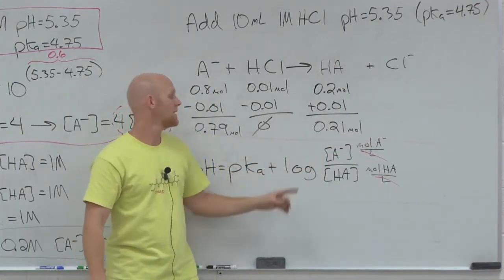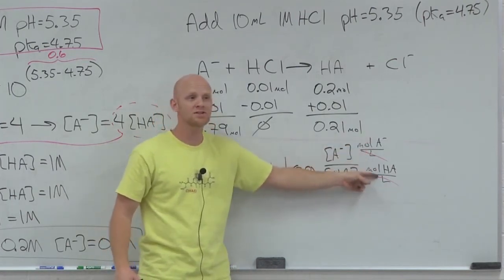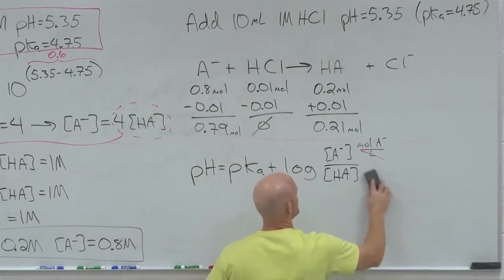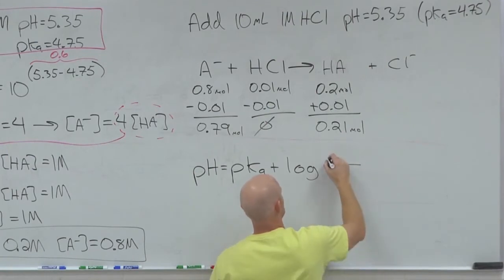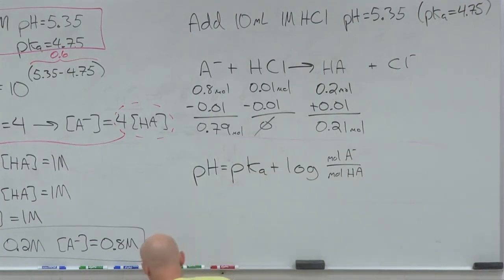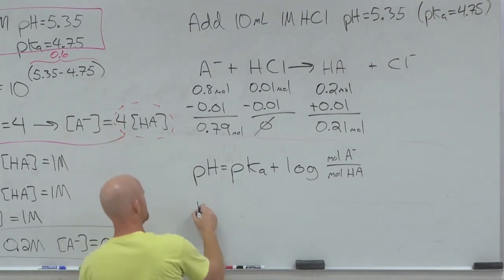That's not necessarily true. But as a ratio, the ratio of molarities will always equal the ratio of moles. And that's actually the version I'm going to use in our example here. Instead of molarities, I'm going to use moles of A minus over moles of HA. Cool. And in this case, what's our pKa?